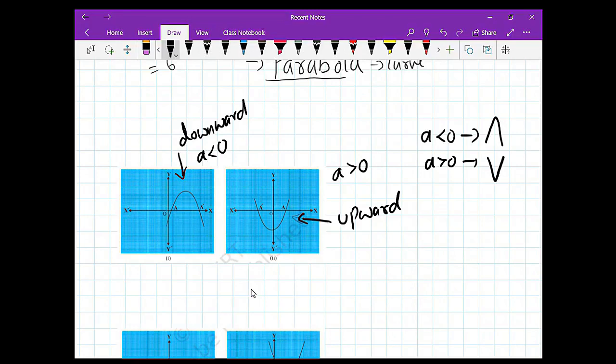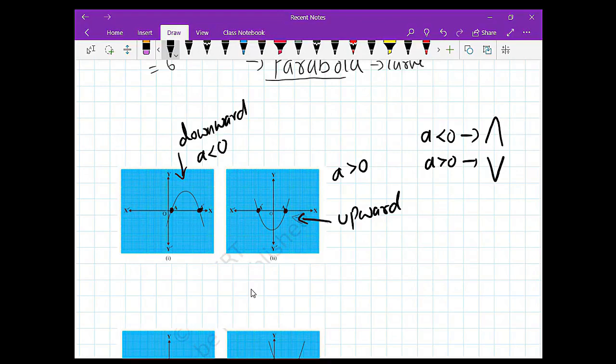So here also, this downward curve, a is less than 0, is intersecting at point a and point a dash. Here the upward curve is intersecting the x-axis at point a and point a dash. It means two roots are there.